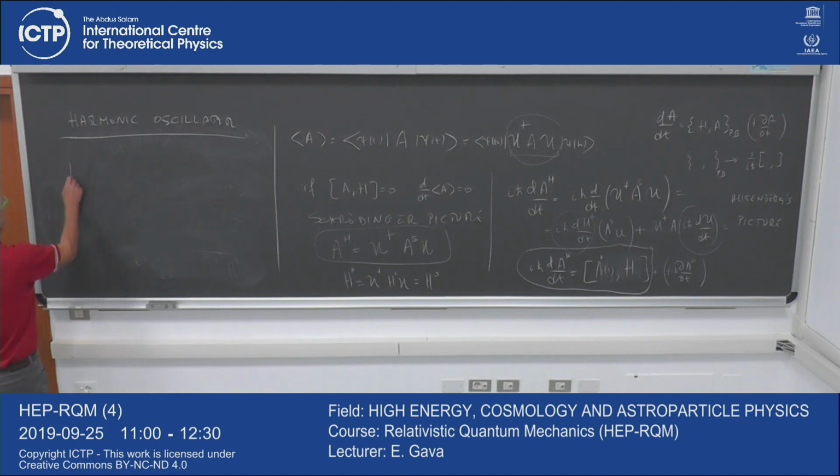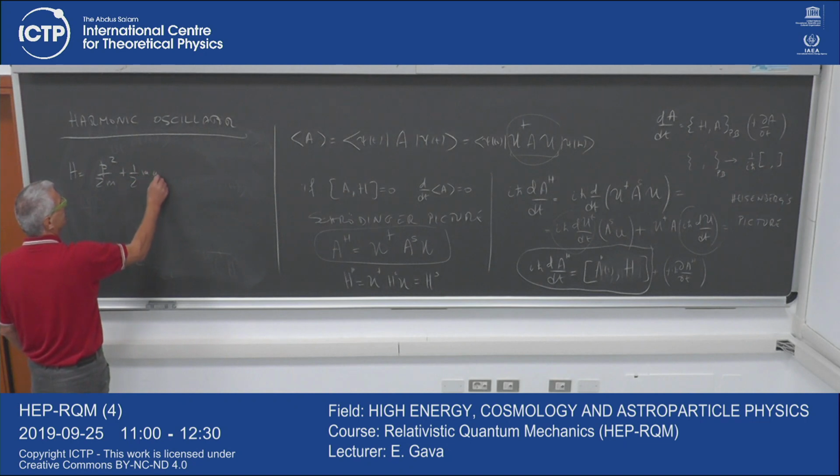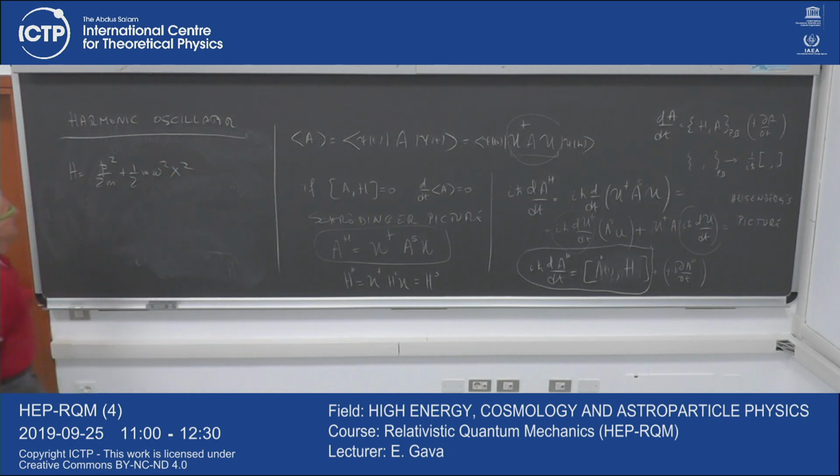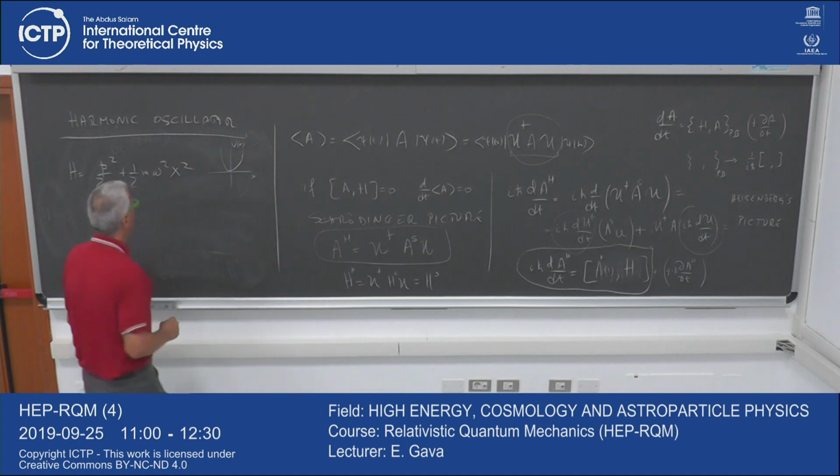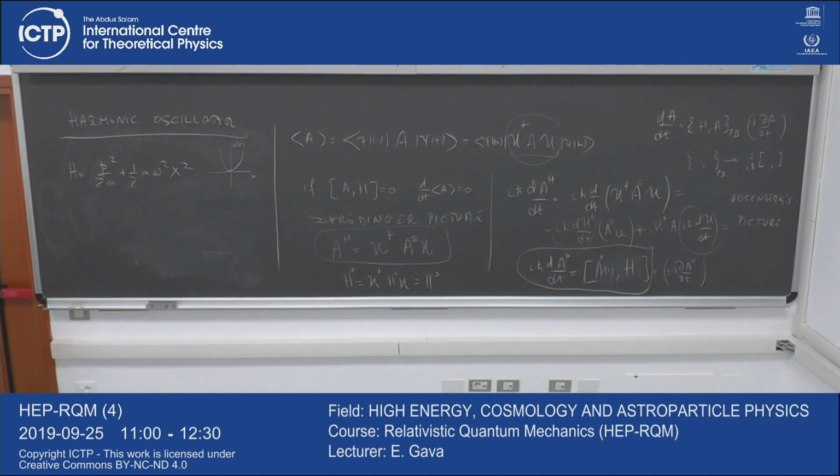Because we have the Hamiltonian, the classical Hamiltonian is this. The potential is like the parabola potential, right? This is V of x. And so this is the problem. So this is at the classical level.